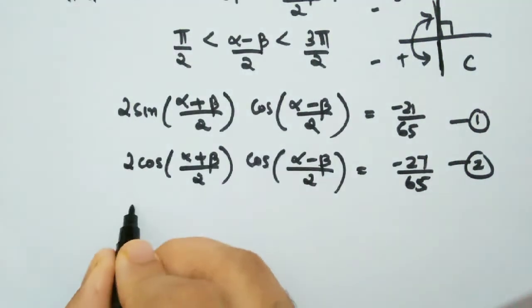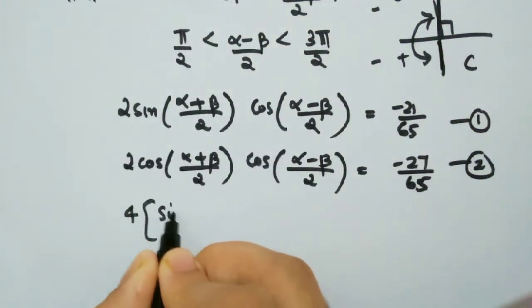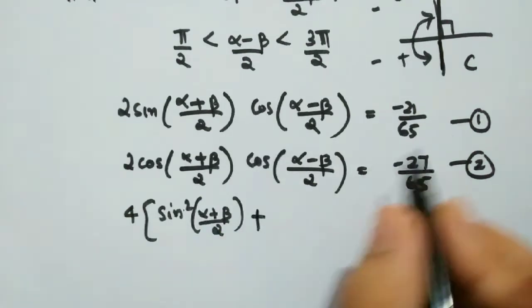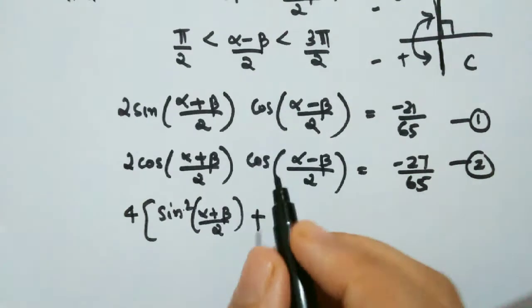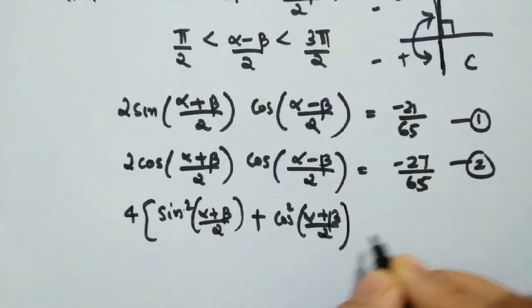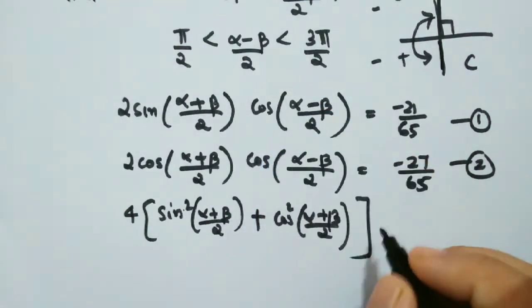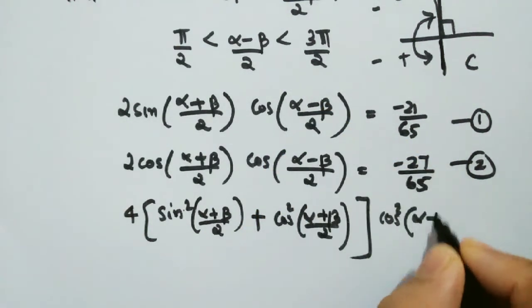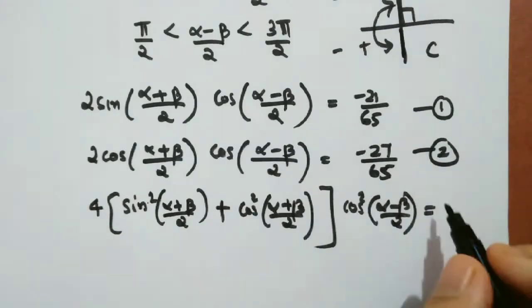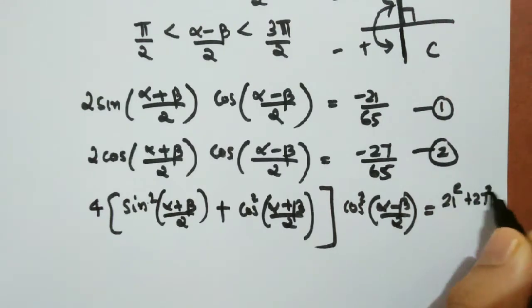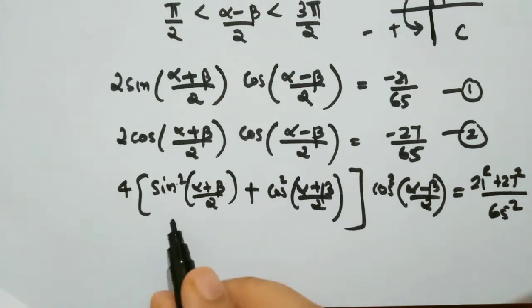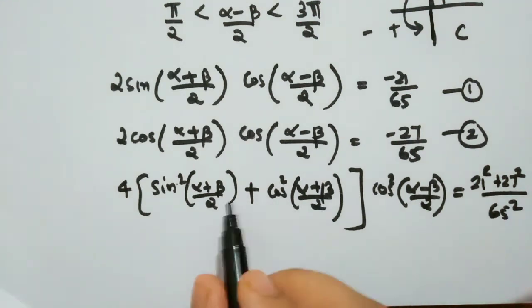What I will get is 4 times [sin square((alpha + beta)/2) + cos square((alpha + beta)/2)], because I am adding these two equations, and outside the bracket I will have cos square((alpha − beta)/2). Squaring and adding the right sides, I will get (21 square + 27 square)/65 square. Since sin square x + cos square x is 1, this term will become 1.